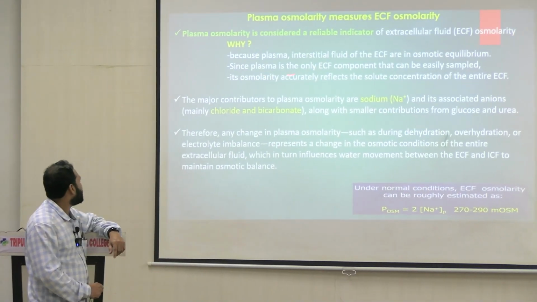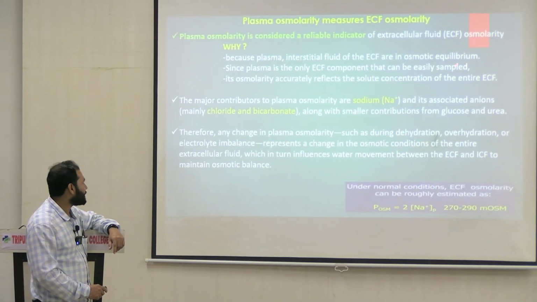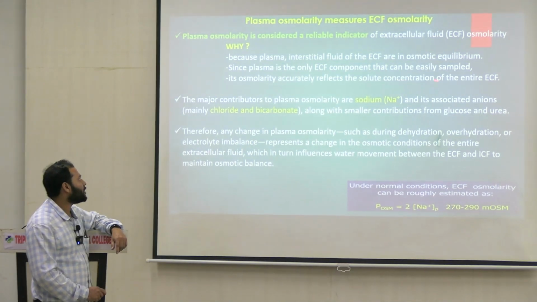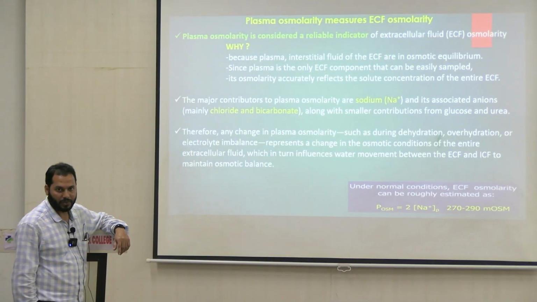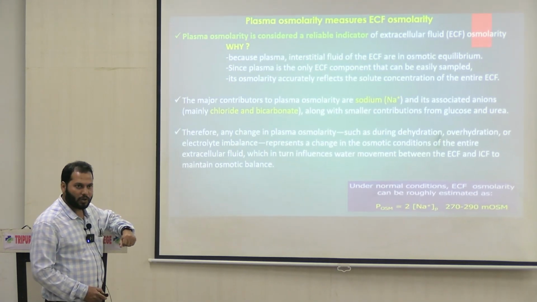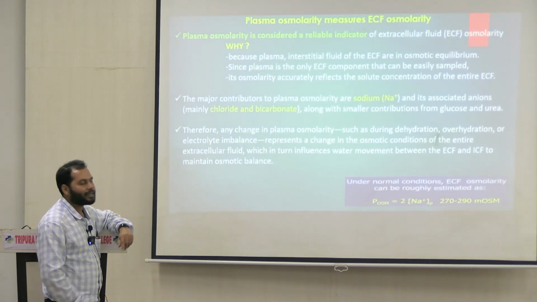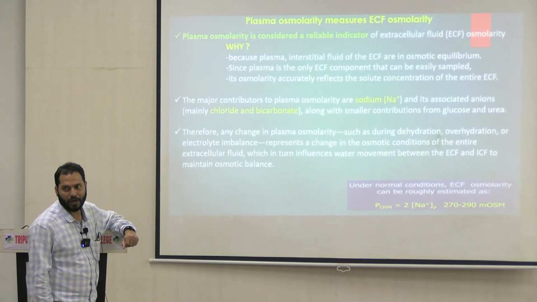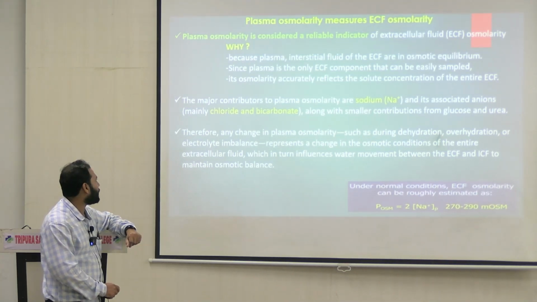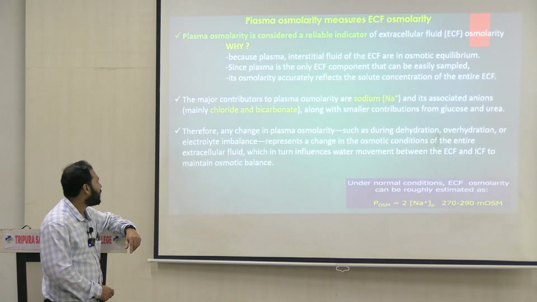Since plasma is the only ECF compartment that can be easily sampled, its osmolarity accurately reflects the solute concentrations of the entire ECF, right? You can take one example to understand this. The major contributors to plasma osmolarity are sodium ion, which is a solute, right? And its associated anions, mainly chloride and bicarbonate, along with some contributions from other molecules like glucose and urea.